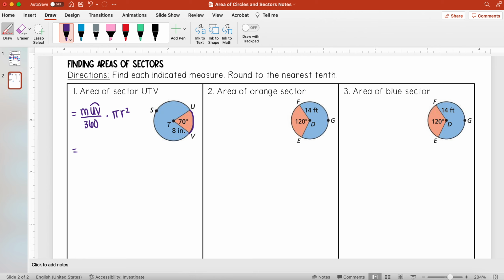So plugging in all the information, I see that the measure of arc UV is 70 degrees over 360 times pi r squared, and I see that my radius here is 8 inches. And so I have 70 over 360 times 8 squared, which is 64, so times 64 pi.